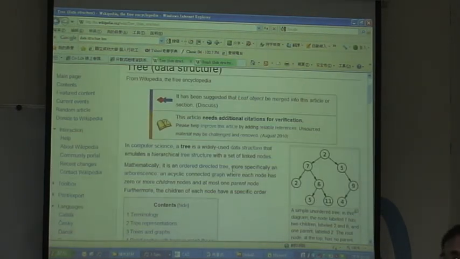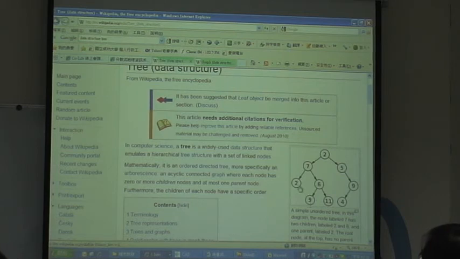But mathematically, in a tree any node has just one parent. So 6 is 5's parent. 11, the parent of it is 6. So we call it a tree. More than one parent is not allowed.